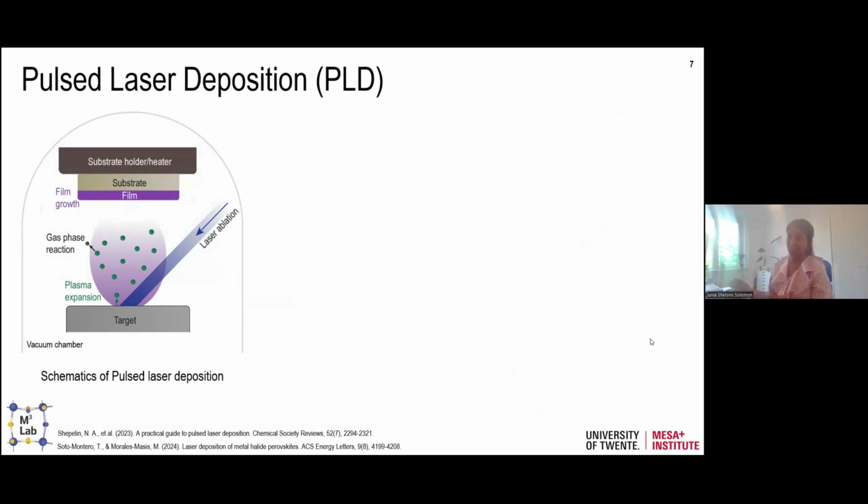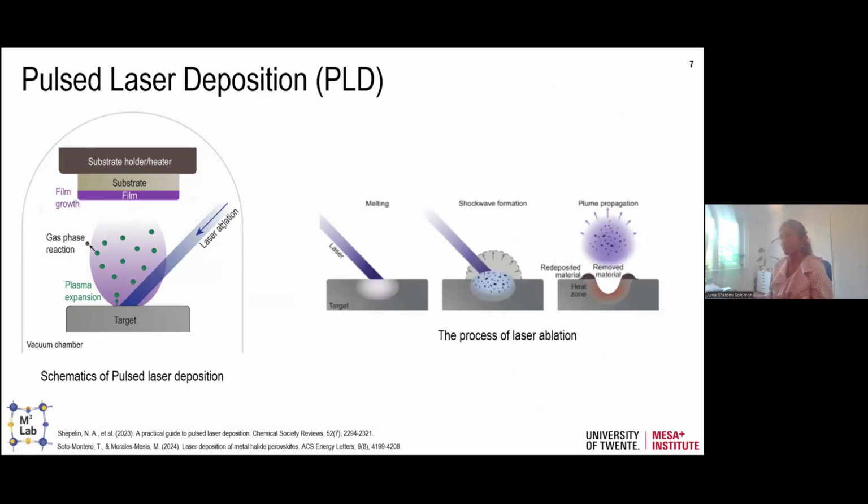As the name suggests, there is a pulse laser source which ablates your target. It shoots on your target, and the process called ablation takes place. What happens in the ablation process is, as the laser shoots on your target, there's a local melting of the very topmost layer of your target, and then the formation of a shock wave, and that's how the plume is produced.